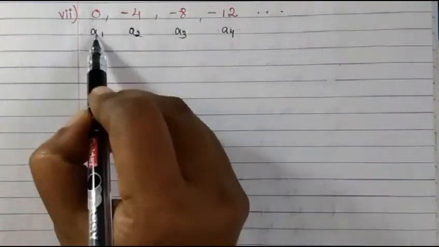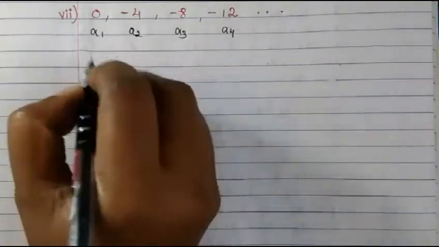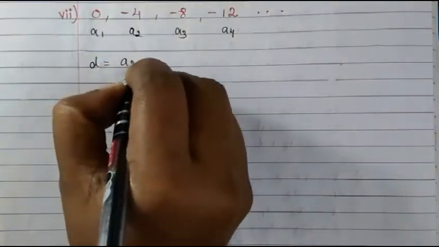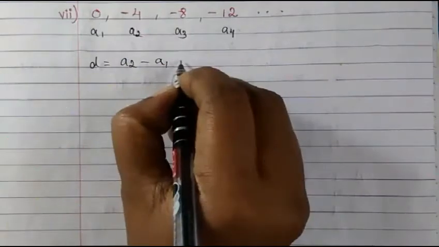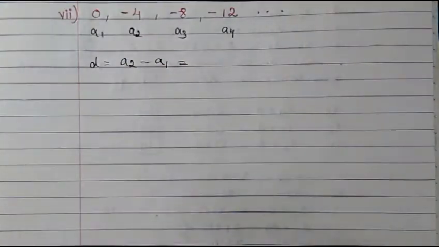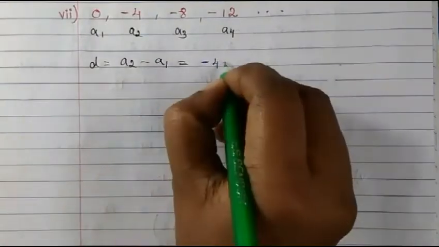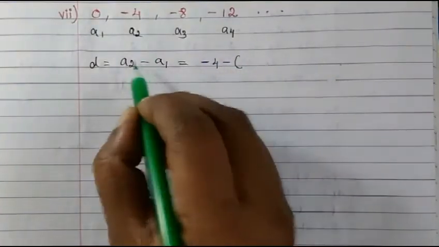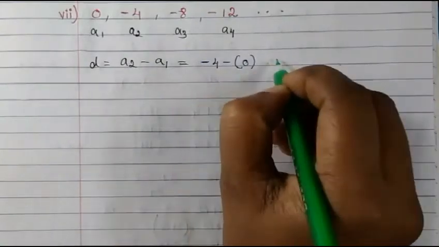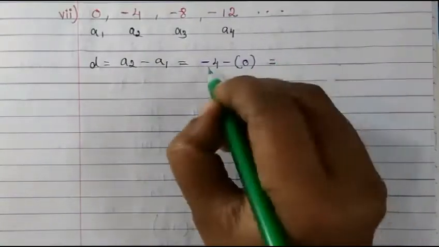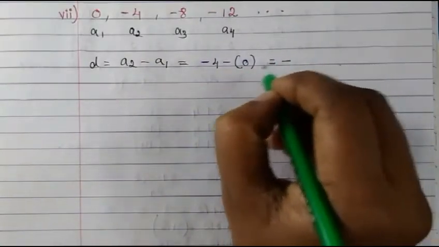From A2 we have to subtract A1, A3 minus A2, A4 minus A3, and get the D value. So A2 minus A1 will give us minus 4 minus bracket A1 is 0, which will give us minus 4.